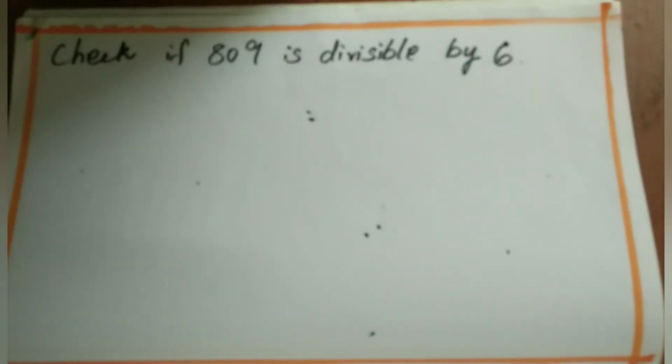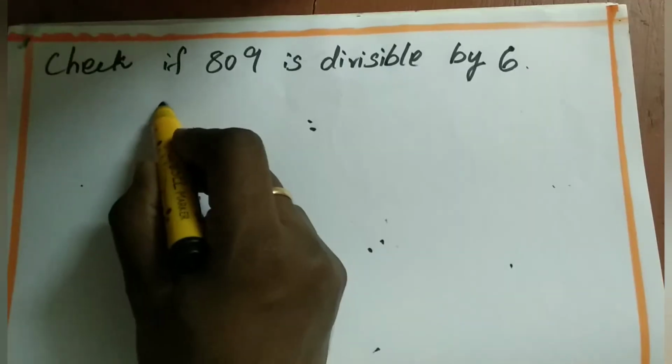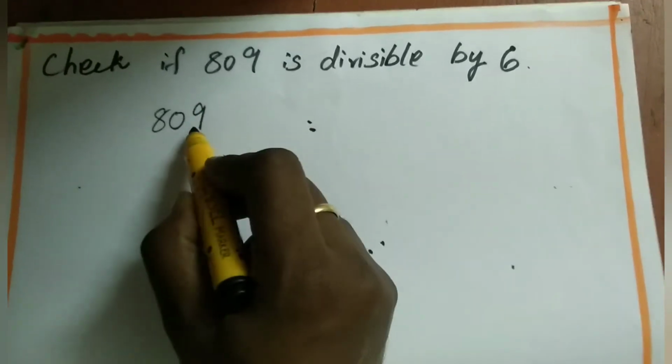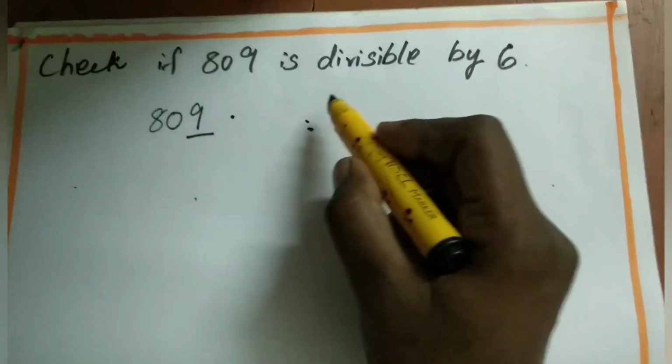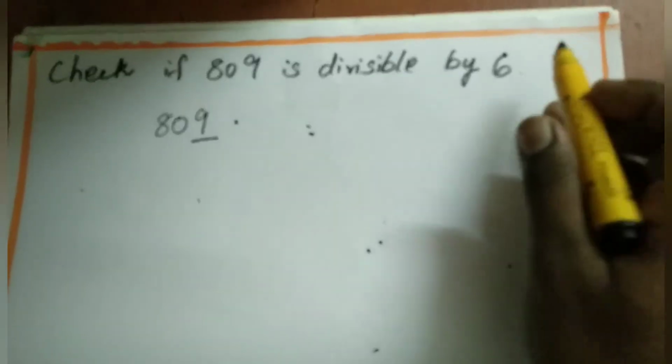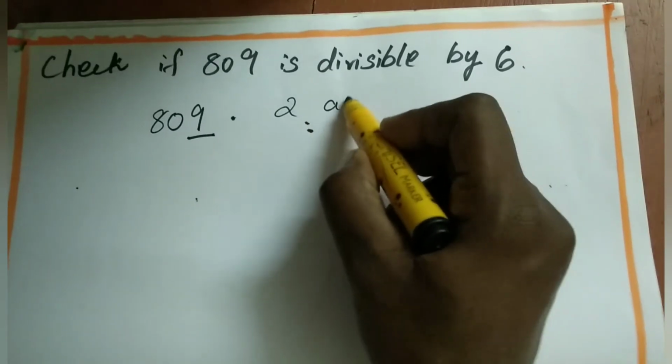Check if 809 is divisible by 6. Here the number is 809, and the last digit is 9. We know if the number is divisible by 6, it should be divisible by 2 and 3.